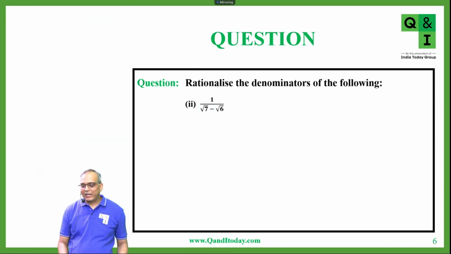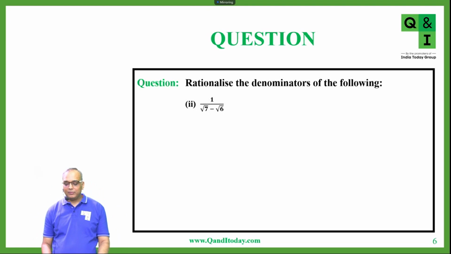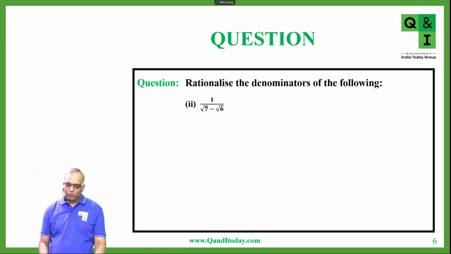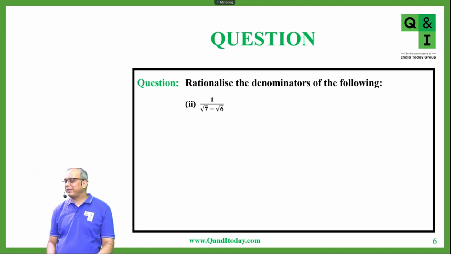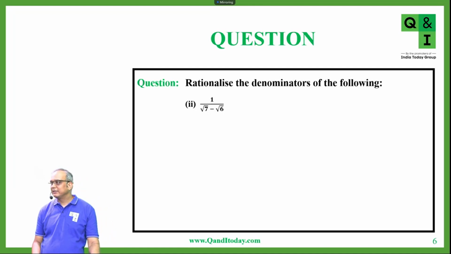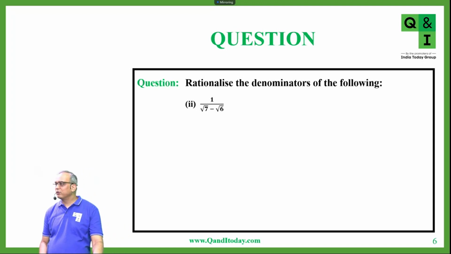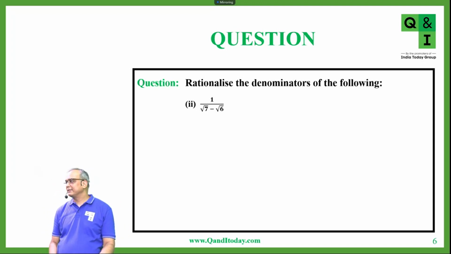So we have to rationalize the denominator of the form 1 by root 7 minus root 6. What is the conjugate here of root 7 minus root 6, students?